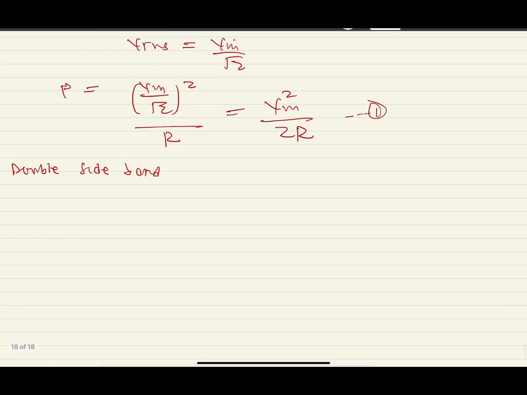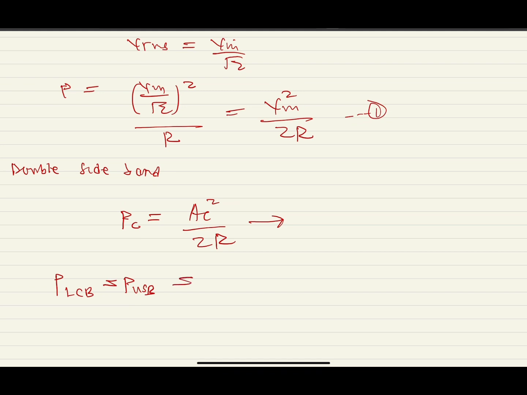When we substitute it into this power equation, we get PC, representing the double sideband, equal to AC squared over 2R. This is the power requirement for the double sideband. The power requirement for the lower sideband is the same as for the upper sideband, since they have the same amplitude.